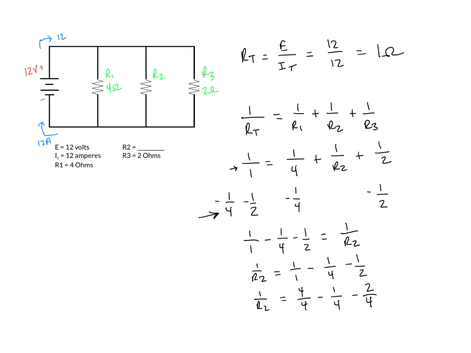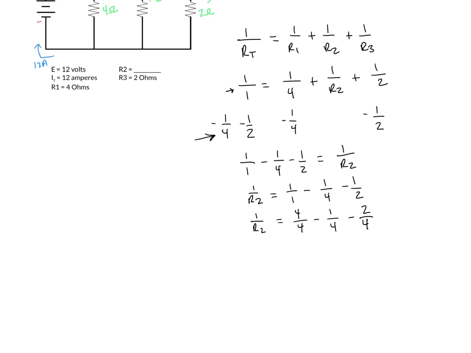So that becomes 1/R2 is equal to, 4 minus 1 is 3, 3 minus 2 is 1, so that's 1/4. Then we do the reciprocal of this, so R2/1 is equal to 4/1, so R2 is equal to 4 ohms. So up here we're going to put 4 ohms, like so.